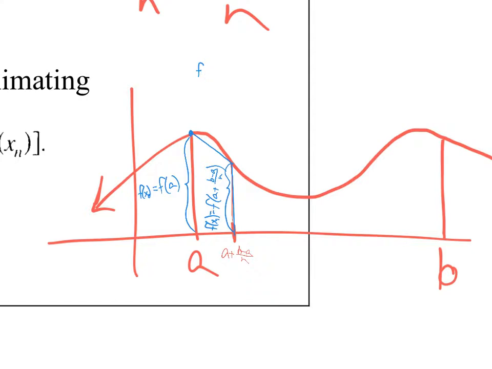Okay? So this is going to be f of x sub 0 plus f of x sub 1 over 2, the average of the bases, times the height. Well, the height we already know is b minus a over n. Well, that's the first trapezoid.